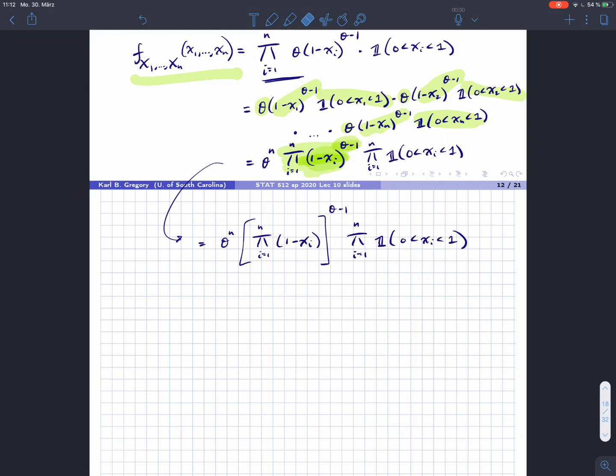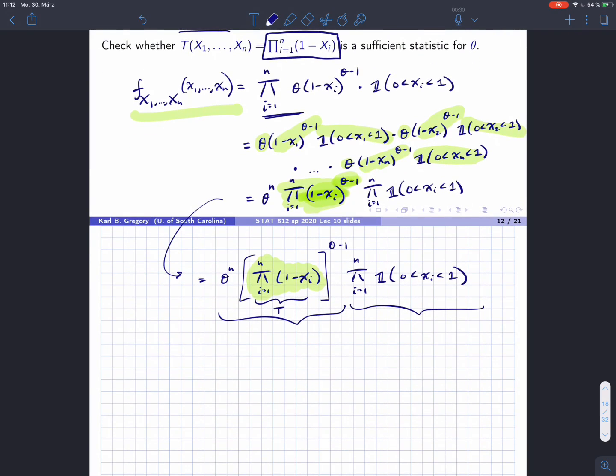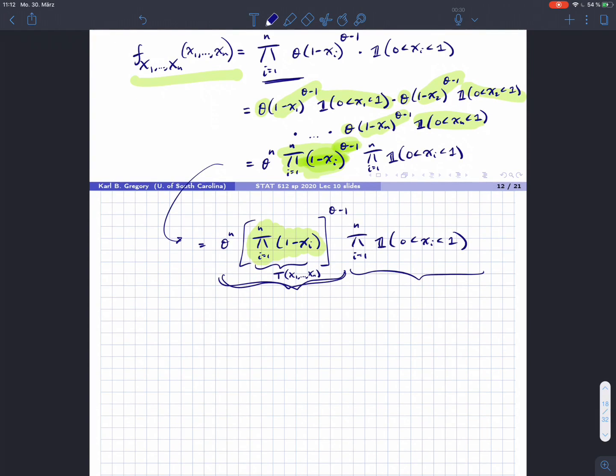And here I am. Okay, let's look at this part and this part. Here is my sufficient statistic, or the statistic that I'm considering. So this is my statistic, and here is a function of my statistic involving the parameter.